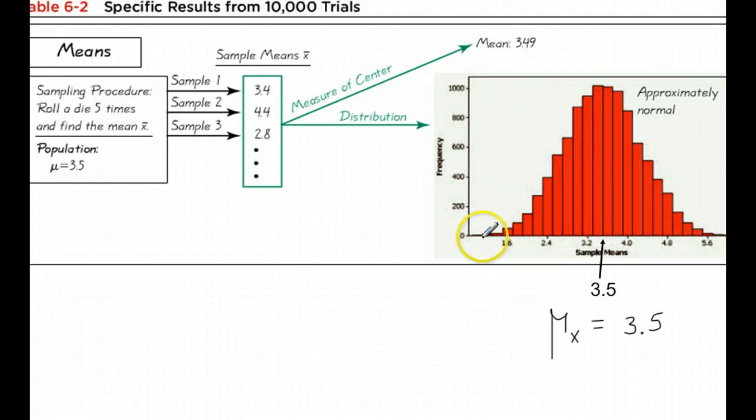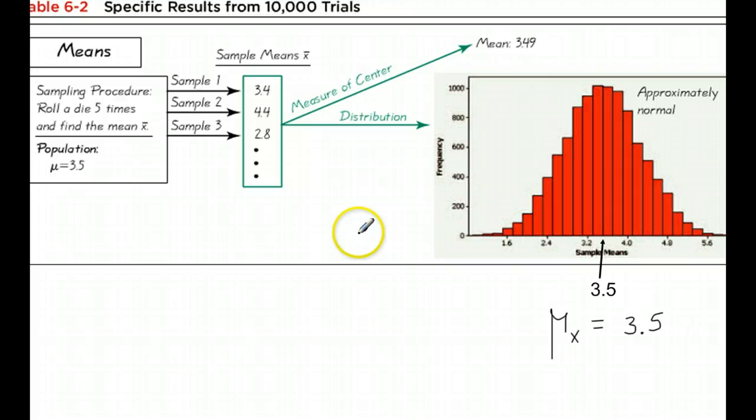So I could get something down here like 1, meaning I get all 1s for all 5 rolls, but that's going to be very rare. It's not going to happen very frequently. So that frequency is low. Or I could get all 6s, but again, that's way up here. That frequency is low. What's most likely to happen is if I get a 1 or a 2, I'm also going to get a 4 or a 5. It's going to kind of offset each other and bring me back to the middle as far as the average goes.